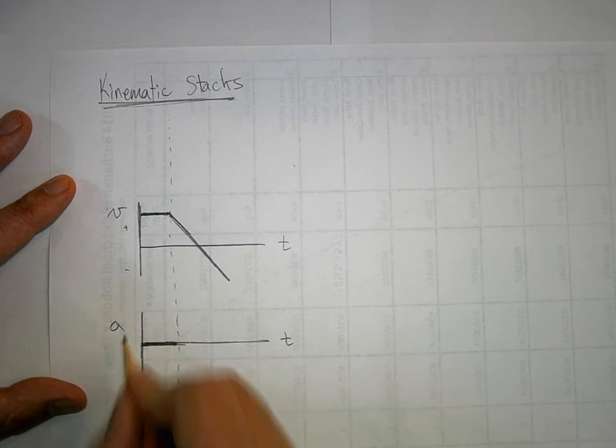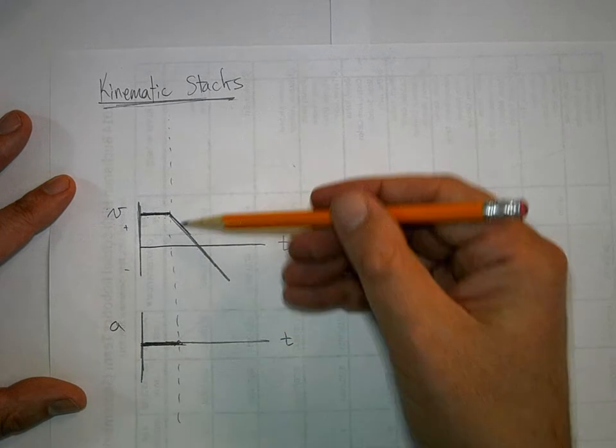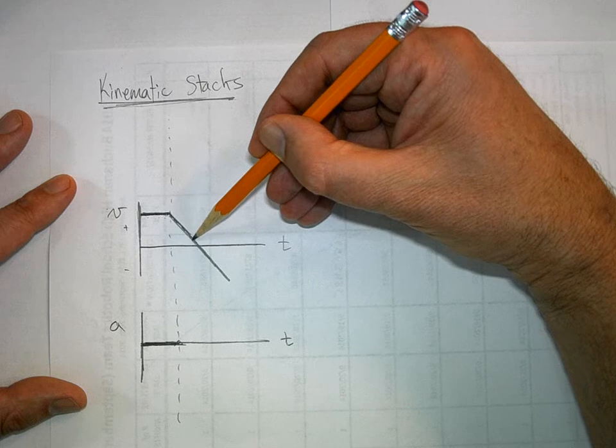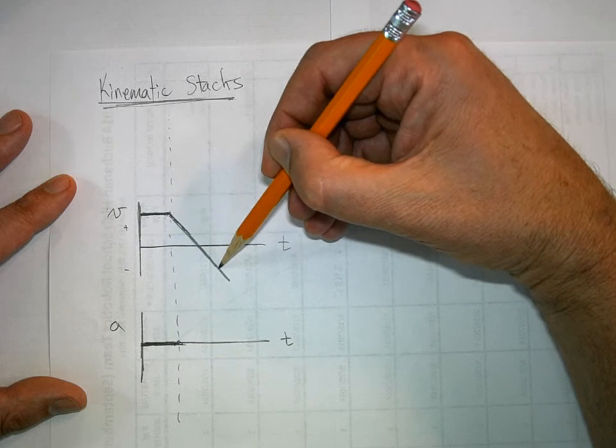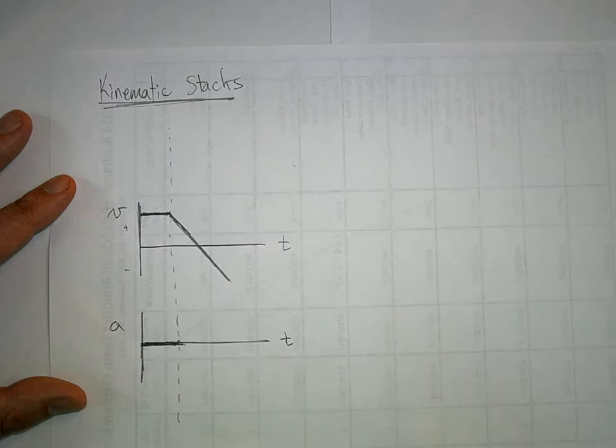So this is acceleration as a function of time. But then what happens? At this instant in time, what's happening to the slope of this guy? Yeah, it's negative. The velocity starts decreasing at a constant rate. And that's what acceleration is, the rate at which we decrease or increase our velocity.